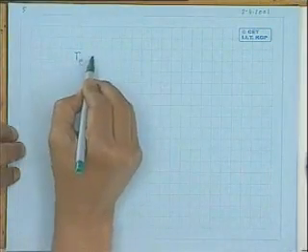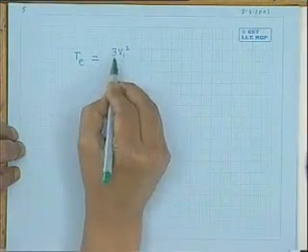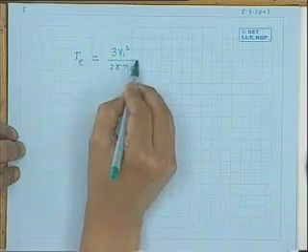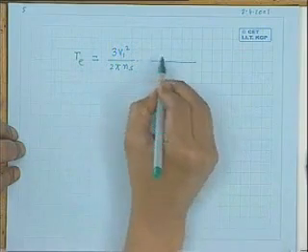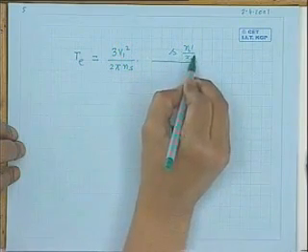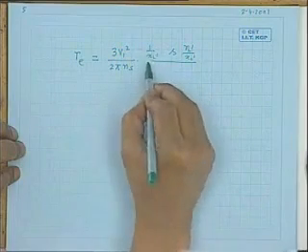Then your expression for the electromagnetic torque developed by the machine when it is operating at a slip S will be this one. This can be written as S into R2 dashed by X2 dashed, and another X2 dashed you write here.